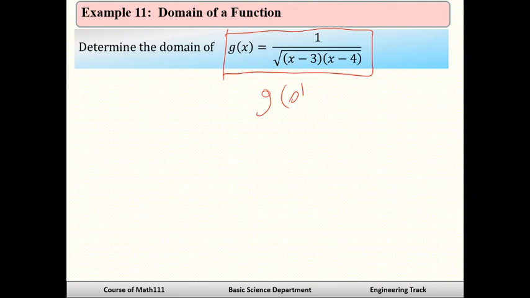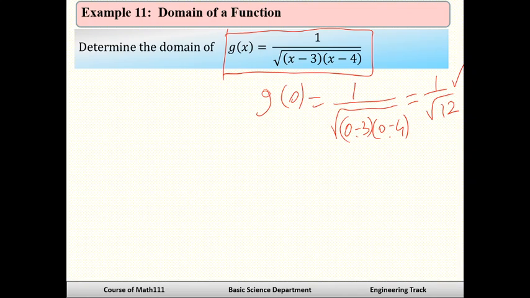You can check g of 0, what is this? 0 minus 3 times 0 minus 4. Is it a real number? Minus times minus makes plus, so we got 1 over square root of 12. So it's a real number, right?